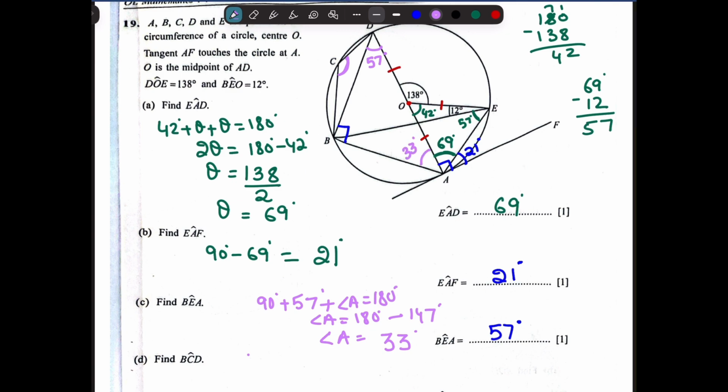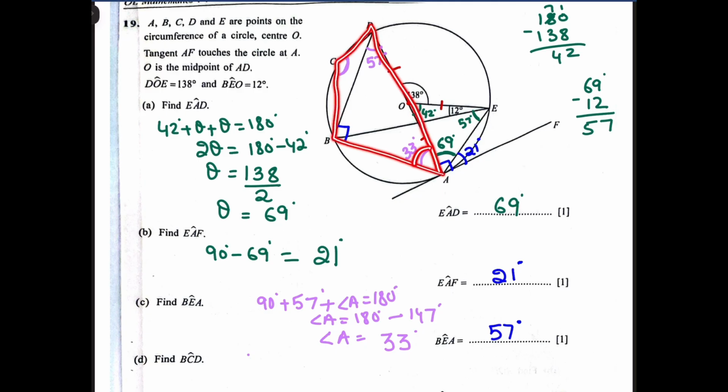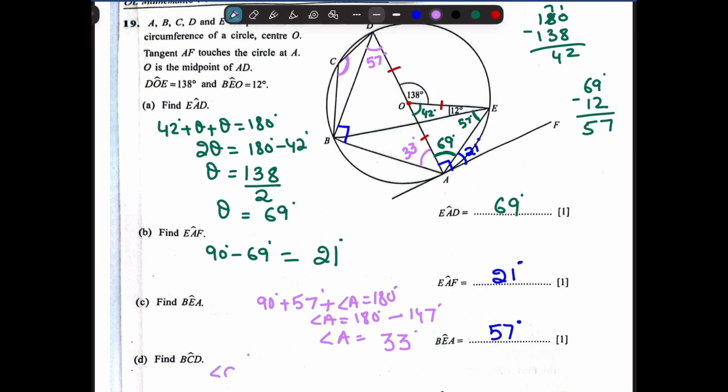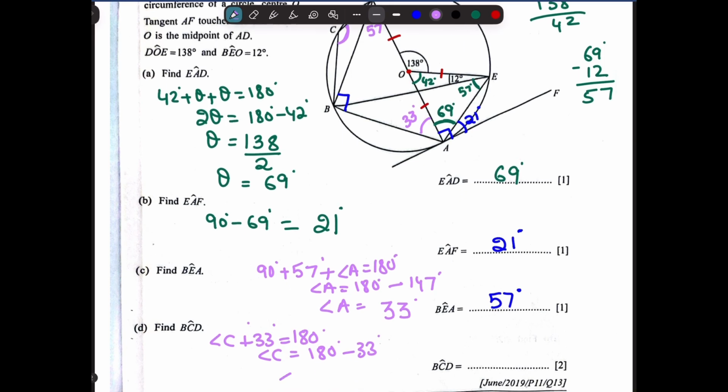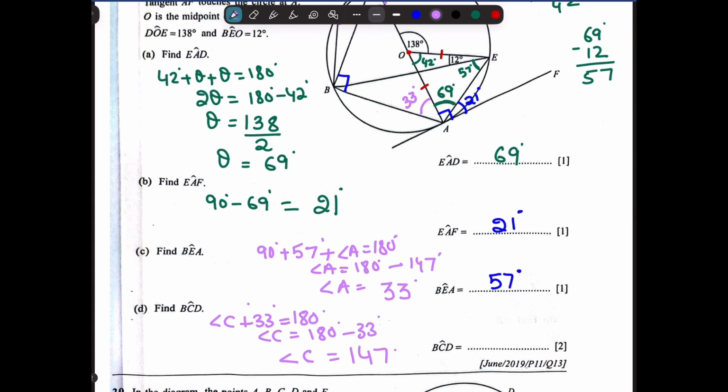Okay, so now we know that this angle is 33, and now we're going to focus on the cyclic quadrilateral ABCD. Angle A, which is 33, and angle C are supplementary. So angle C plus 33 should be equal to 180, which gives us angle C as 180 minus 33 degrees, which is basically 147. Okay, so angle BCD is 147 degrees.